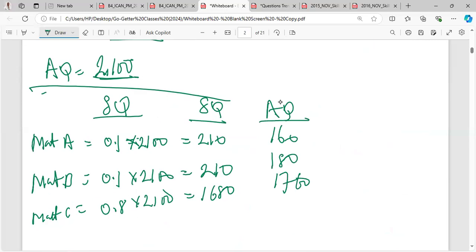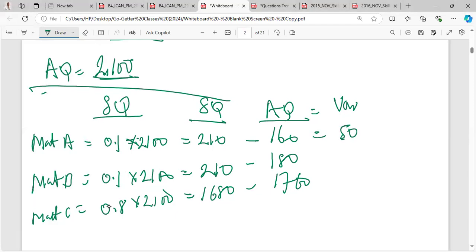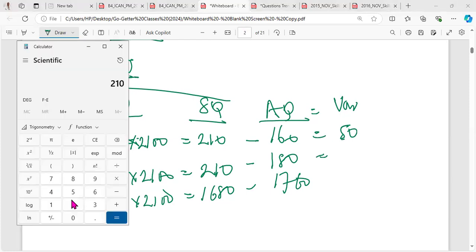So variance, this minus this. So 210 minus 160 gives us 50. 210 minus 180 gives us 30.